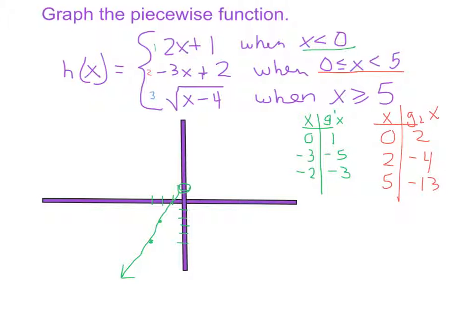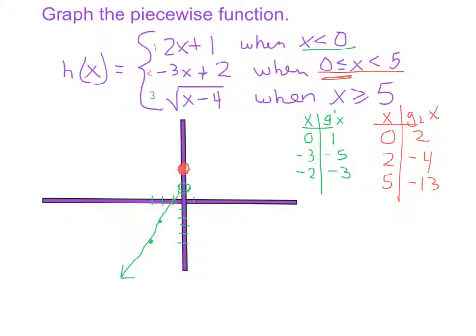Okay, we'll plot those, over 0 up 2. Now earlier it was over 0 up 1. So I'm going to have this closed circle, since we have the equal sign there. It's going to be a closed circle, which is going to keep it a function.